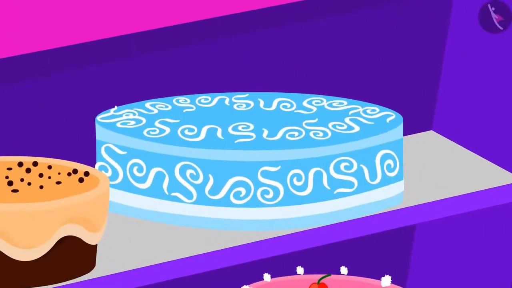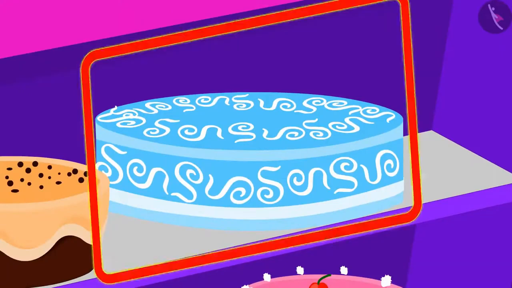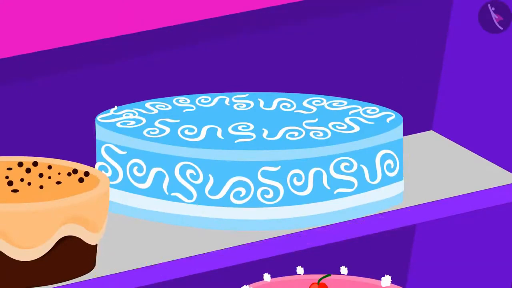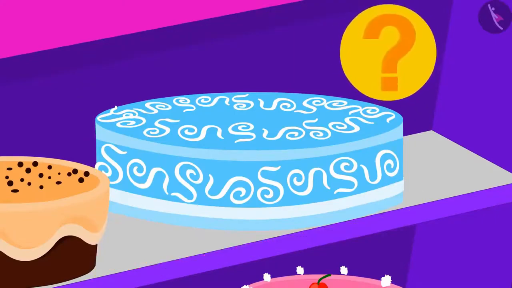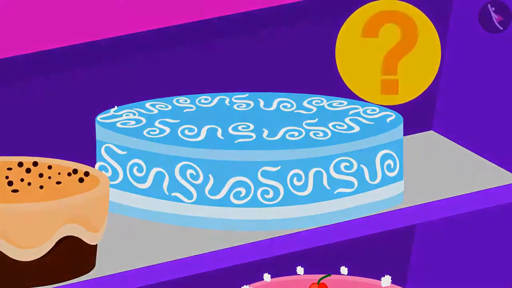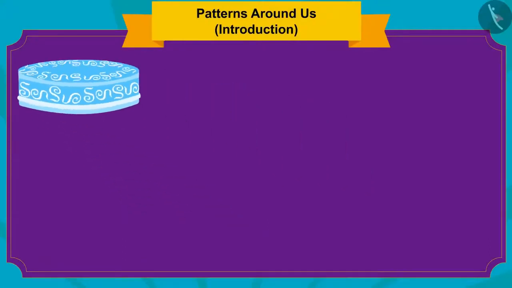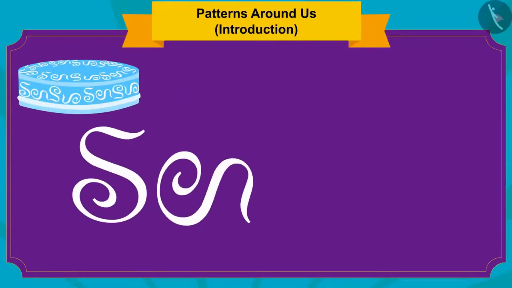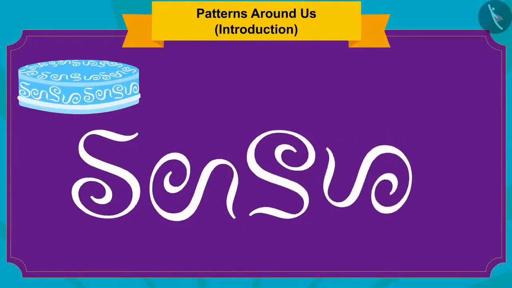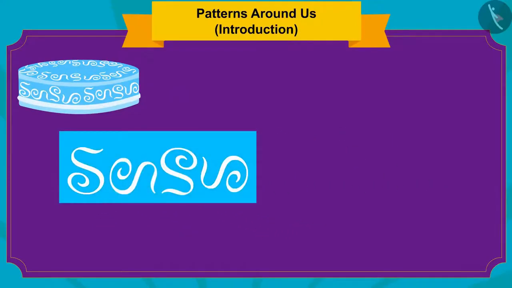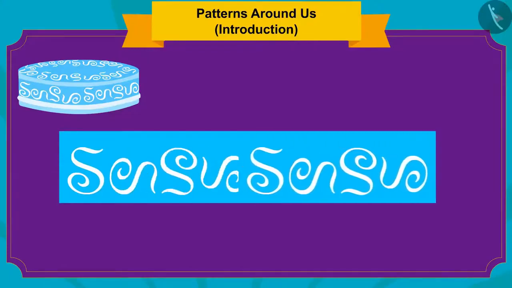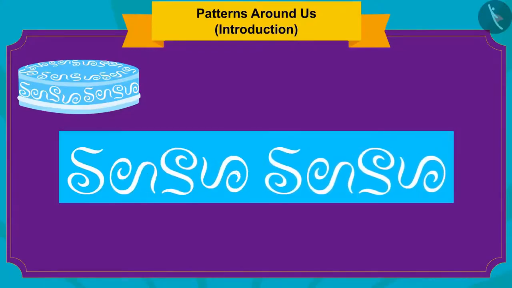When Sher Khan looked closely at this cake, he also saw a pattern on the cake. Children, can you recognize this pattern? Here, this pattern is made by rotating the same shape in 4 different ways and then repeating the group of those 4 shapes again and again.